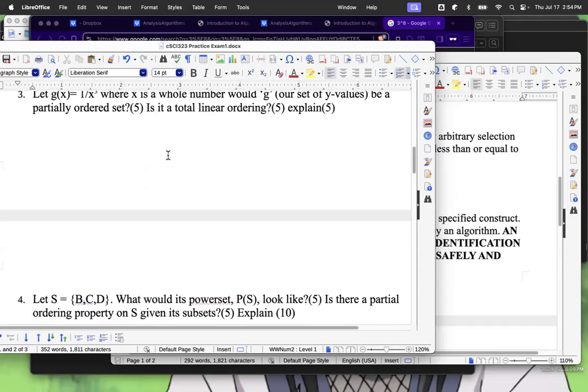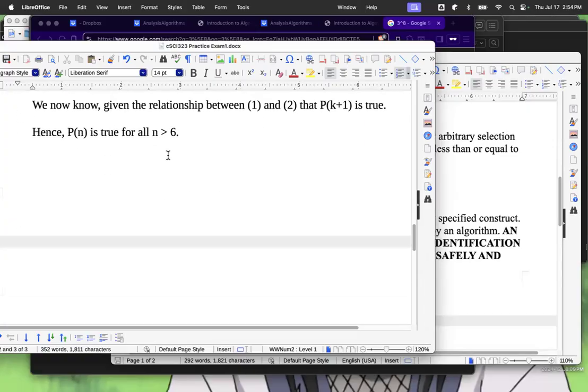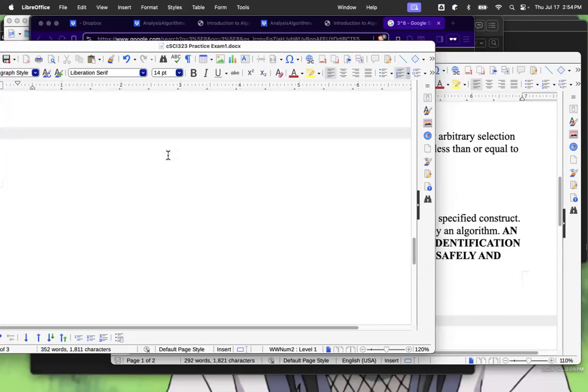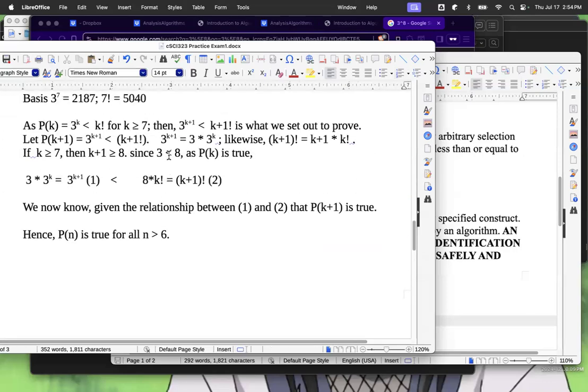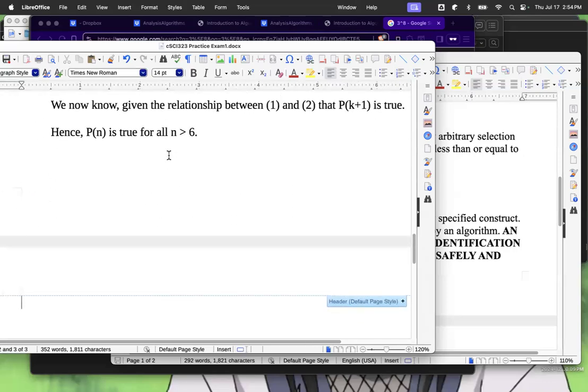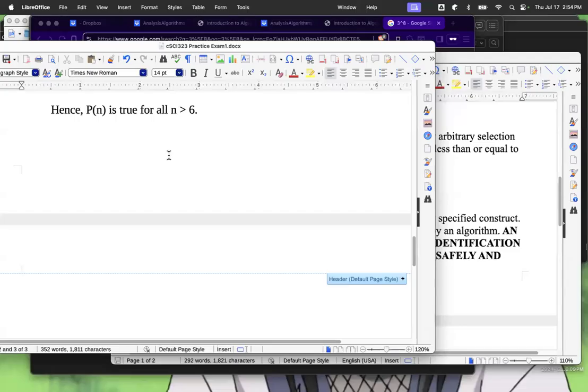The last thing I want to do is the following. Compare and contrast the advantages and disadvantages of the following.